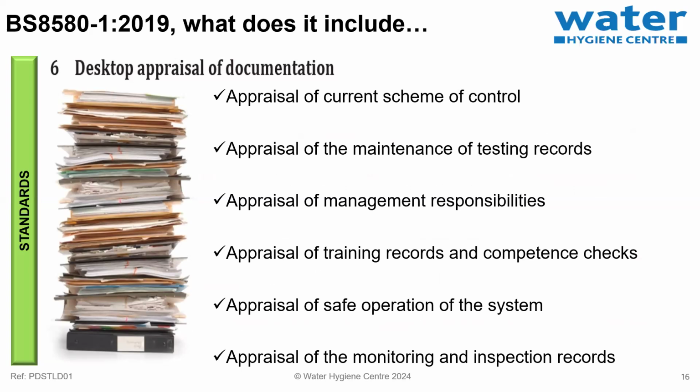We appraise the management responsibilities, who's doing what, where, when, why, and how. We appraise the training records and competency checks. We make sure that the people actually doing the work are competent to a degree and to the right degree. And then we appraise the safe operation of the system, and then we appraise the monitoring and the inspection records. And before looking around the building at the water systems, there is a need to look at all of these systems in their entirety from a management perspective.